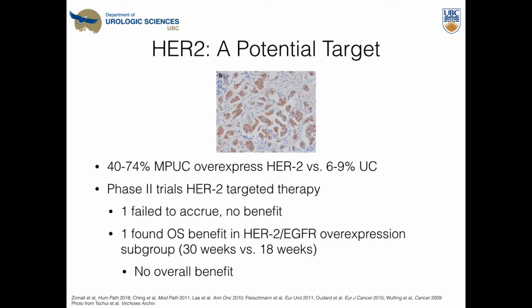But a second one, which took patients with all sorts of bladder cancer, but tested their HER2 and EGFR overexpression rates, did find an overall survival benefit in patients who were overexpressing those receptors, and found that their progression-free survival was 30 weeks compared to 18 weeks in patients who did not receive a HER2 or EGFR agent. Again, no overall benefit.